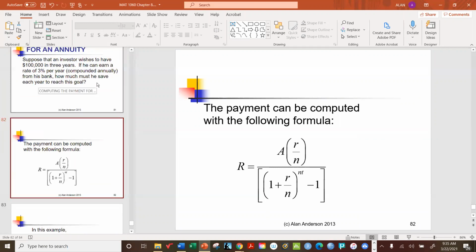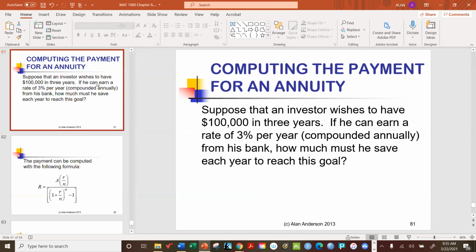Now, this example that's in the slides is a little different because this is an investor who's saving, but the target is $100,000 in 3 years. So the goal here is to figure out how much must be put aside every year in order to reach this goal.